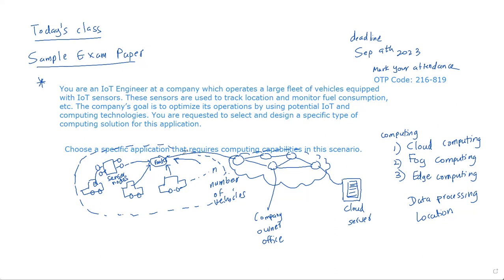So the edge computing can happen either in the sensor nodes, or else it can happen at the edge server, which is connected to this router. Right, so we can connect a server to the access point, and then at the access point we can do processing of the data. So in that case, we say that the edge computing is done at the edge server, right?